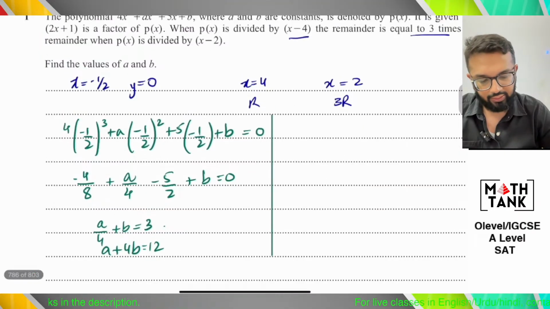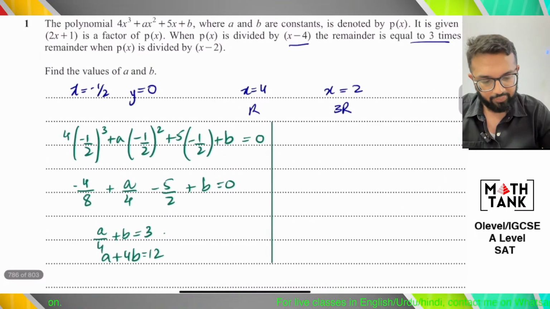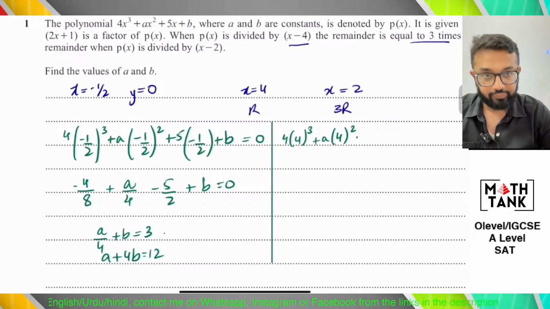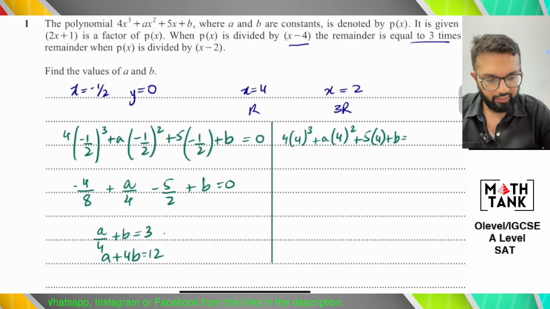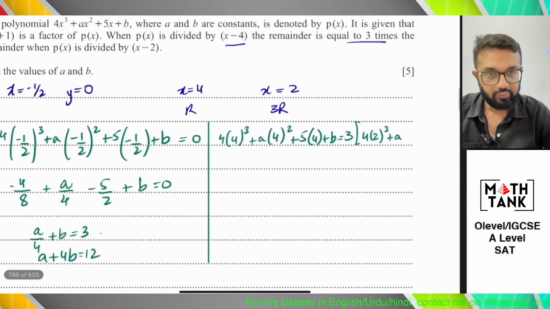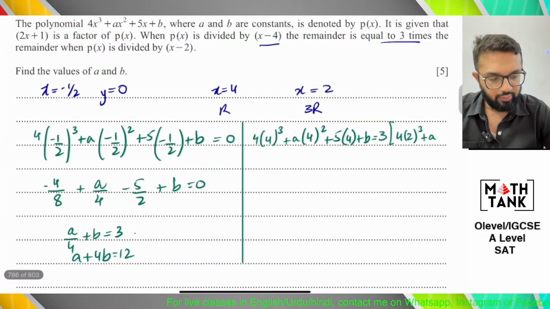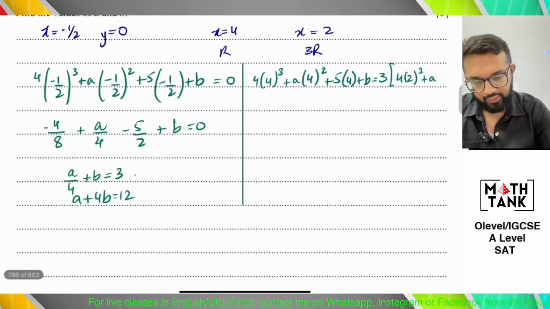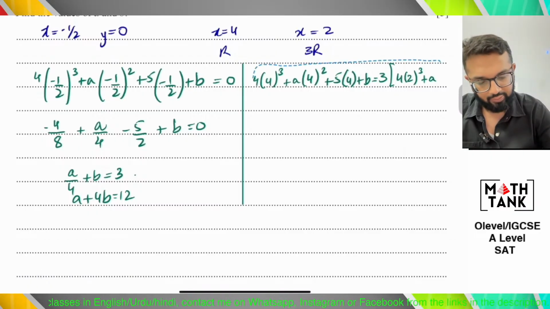Okay, in the other case, the remainder is 3 times the remainder. So when I plug in 4, the remainder is 3 times the remainder when I plug in 2. I am a little out of space here. Let's move that here.